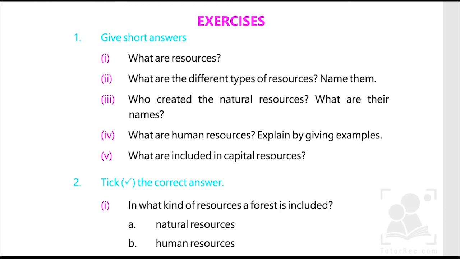Such as a doctor helps you to be healthy, a teacher helps you to learn and grow. What is included in capital resources? All those resources and factors that help you earn an income are capital resources, such as your car, your bus, your motorbike.